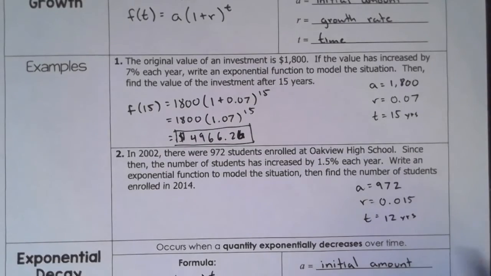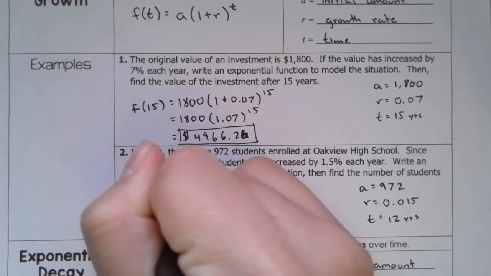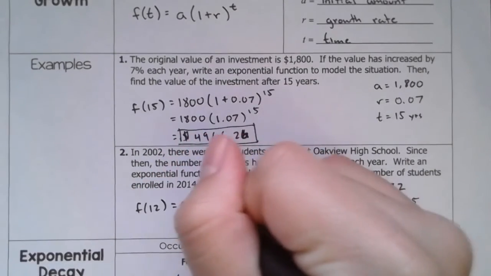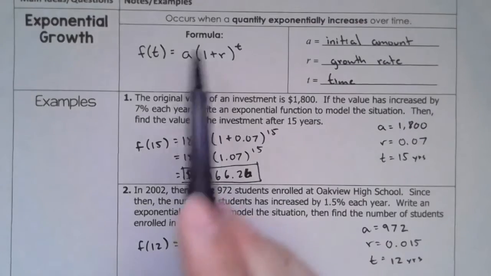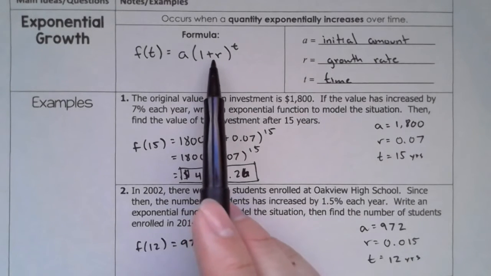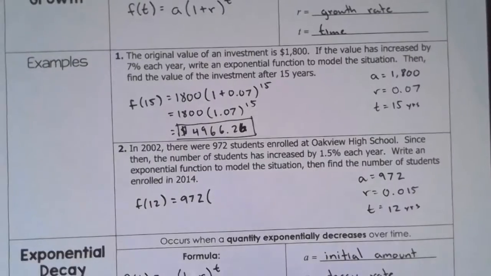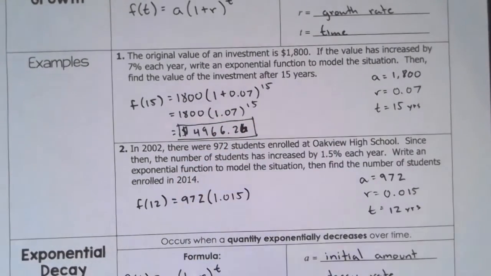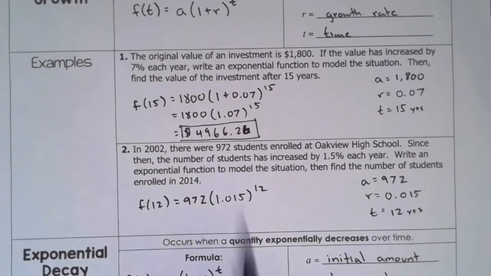So now we plug these into our formula. We have F of 12 is equal to 972 times 1 plus 0.015. So this is 1.015 to the 12, and then this is what you put in your calculator.